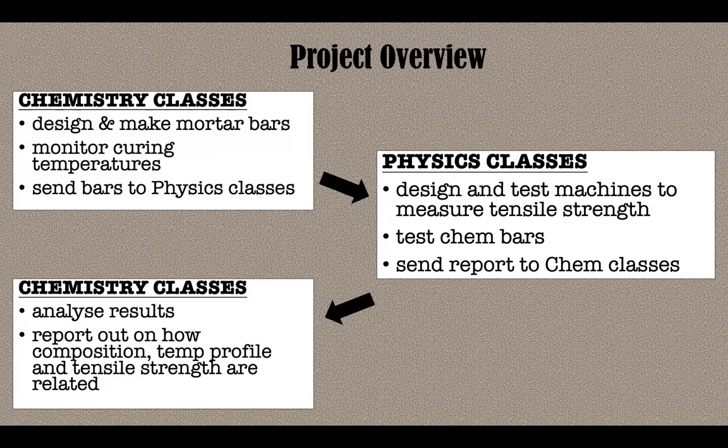We happened to be 10 miles away from the only remaining cement manufacturing plant in New England, so it was kind of appropriate. They monitored the temperature of the bars as they cured, which is an important factor in concrete and is the connection to the content.